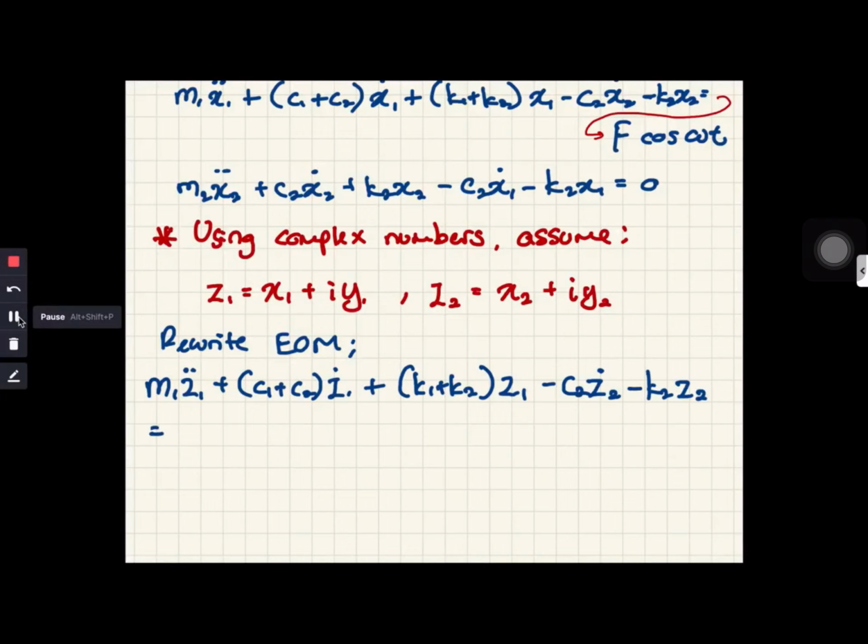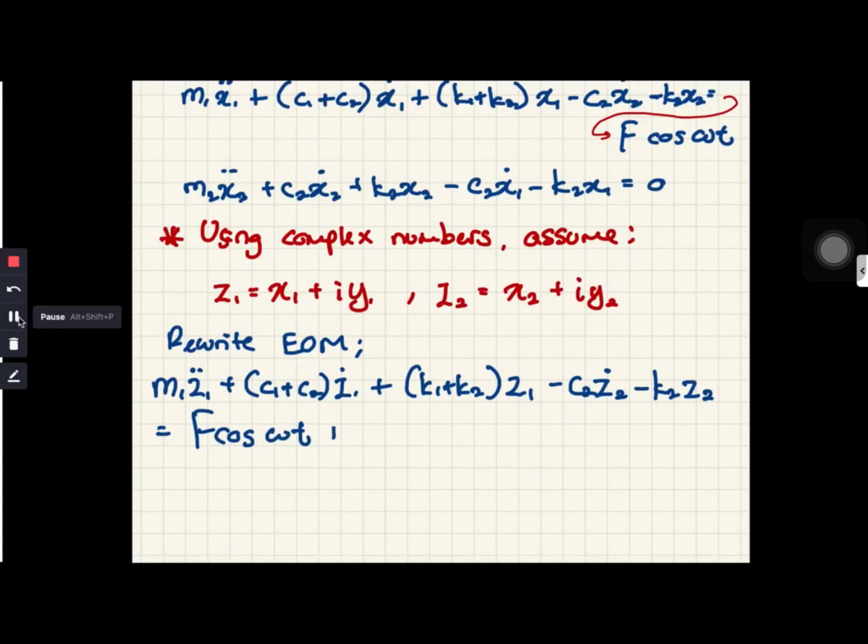Continue down here, is equal to, now here we will have the term F cos omega t plus i F sine omega t. This we can represent as F exponential i omega t.